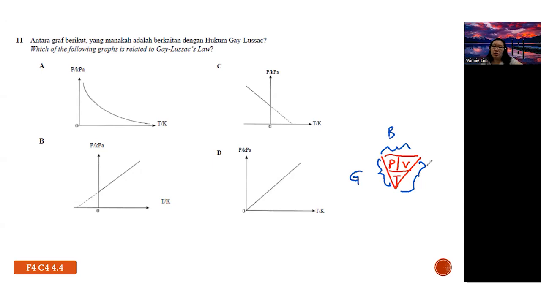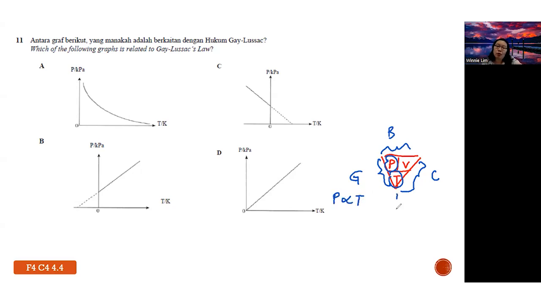So Gay-Lussac's law is really related with P and T. Next idea, you all need to get the concept of the relationship between temperature and pressure. When you heat up something, what happens to the pressure? Okay, of course, it increases, right? So Gay-Lussac's law states that pressure is directly proportional to temperature.